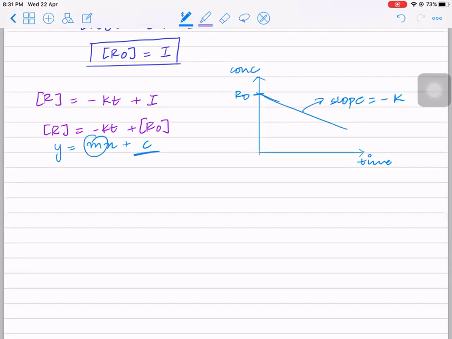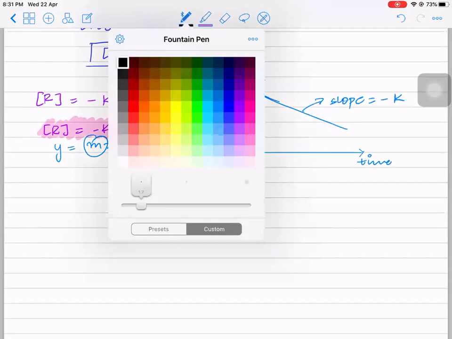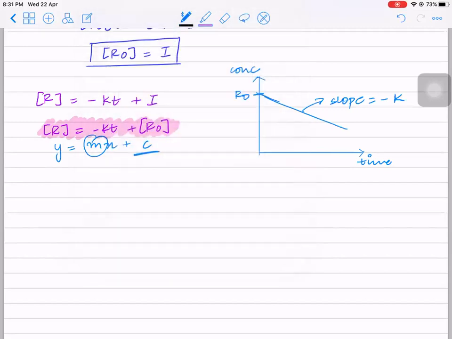So this is how you figure out the instantaneous rate without having to make a tangent. You can just use this equation to figure out the instantaneous rate. This is called the integrated rate equation, because you integrated the rate equation.